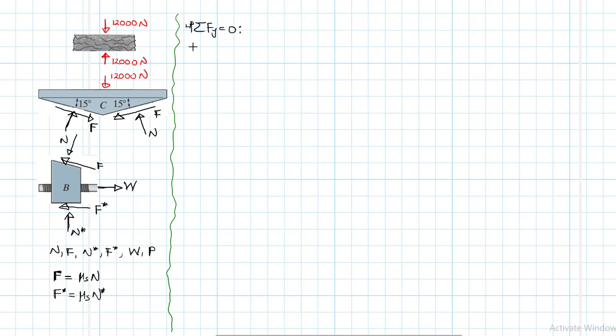We are on free body diagram A and B. This one I'll call A, then this one I'll call B. This angle here, this angle here, this angle here is 15 degrees.